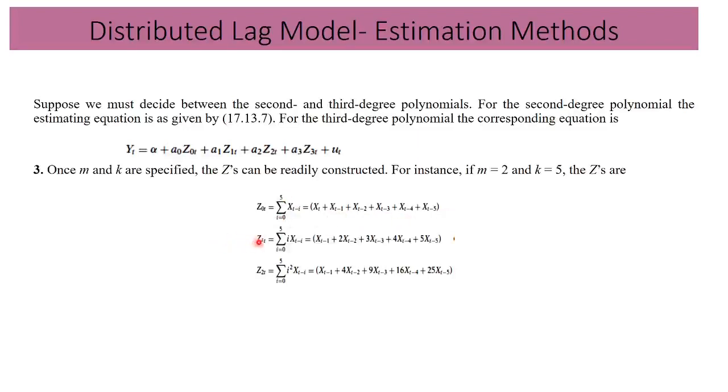Then z1t equal to sigma of i xt minus i, that is xt minus 1, 2 xt minus 2, 3 xt minus 3, 4 xt minus 4, 5 xt minus 5. Then z2t will be equal to i square xt minus i, that is xt minus 1, 4 xt minus 2, 9 xt minus 3, 16 xt minus 4, 25 xt minus 5. If the degree is 3, then this will be equal to i cube xt minus i. Like that, we can construct the model.